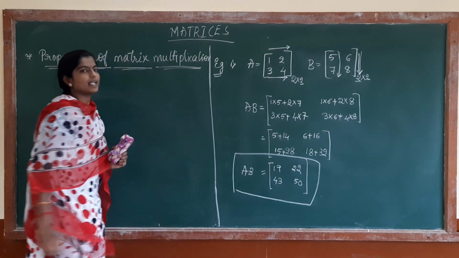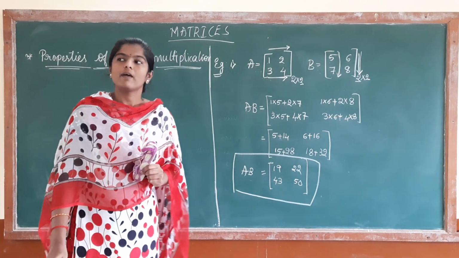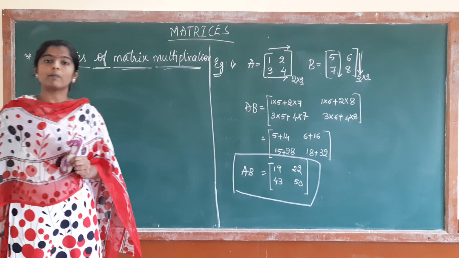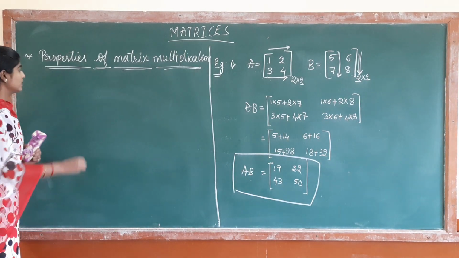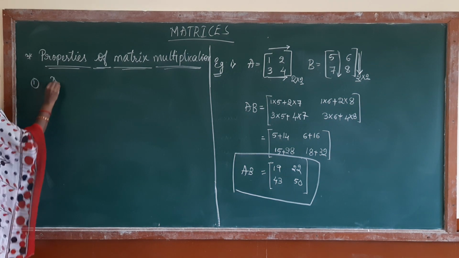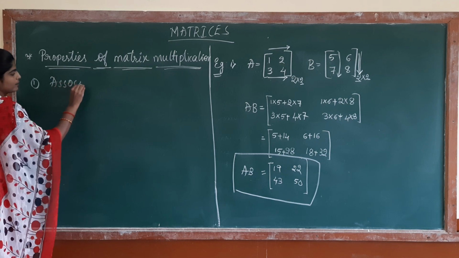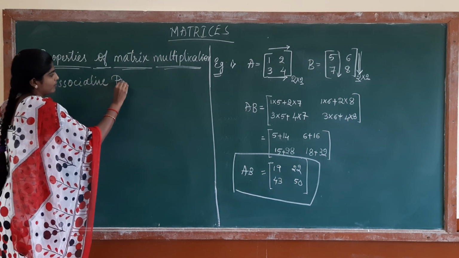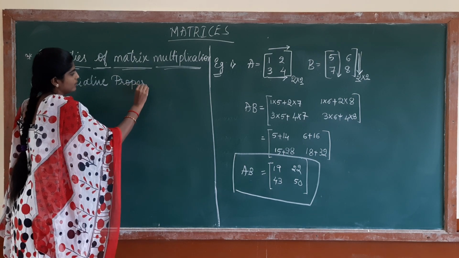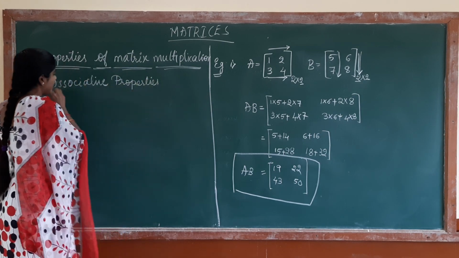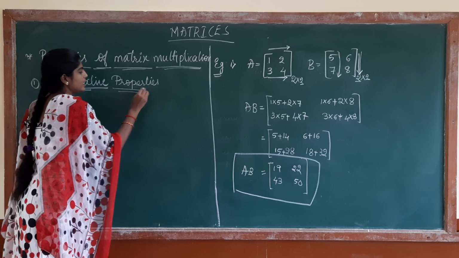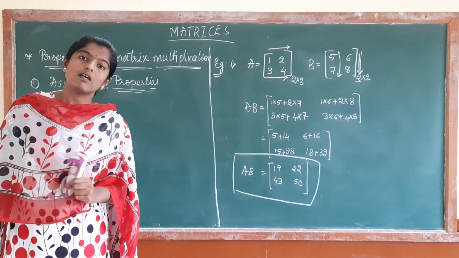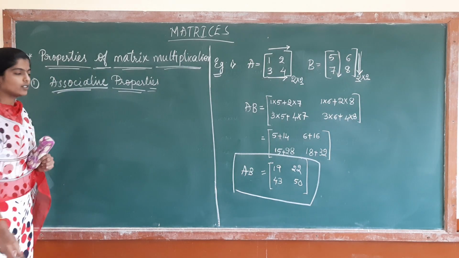Addition of matrices is commutative, but in the case of matrix multiplication, the commutative property does not hold. It holds the associative property. Addition of matrices also satisfies the associative property, as well as multiplication of matrices.